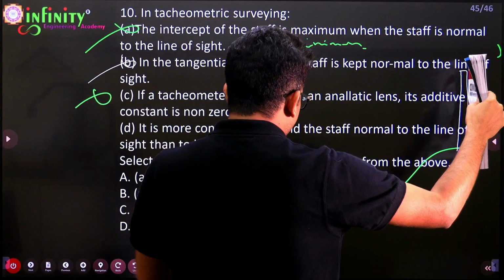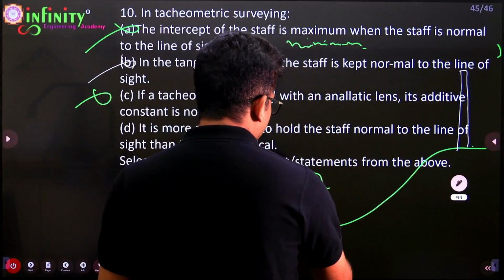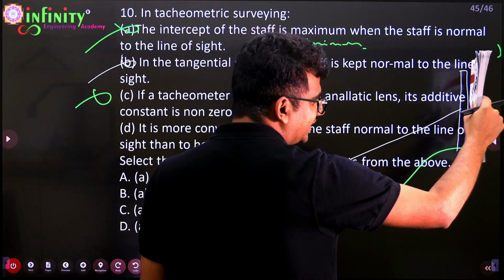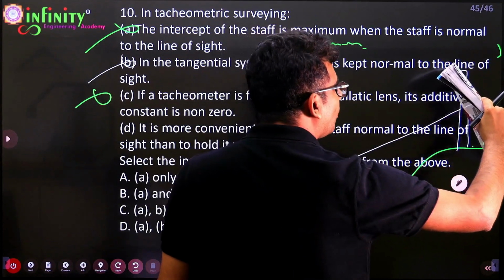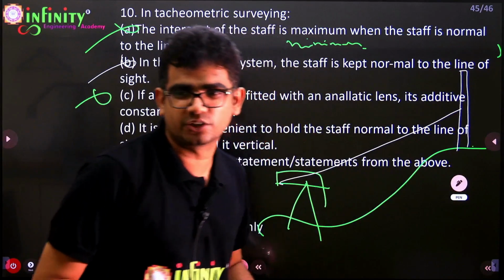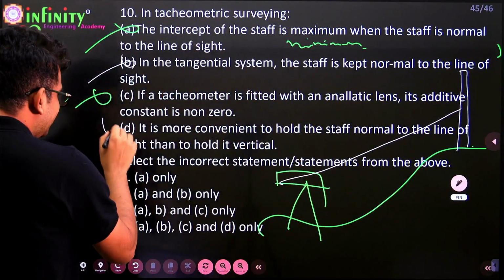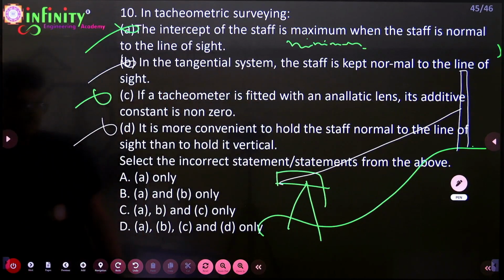Even if your line of sight is like this, it's better to hold the staff vertically only, and you should not hold it normal to the line of sight. So statement D is also incorrect.